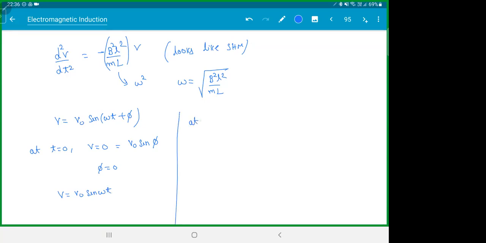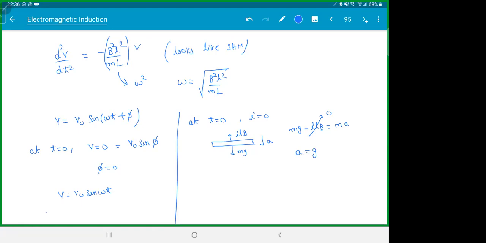Now understand the situation. At t equals 0, current was 0 in the circuit. So the rod has mg, ILB and acceleration. mg minus ILB is ma. This term was 0. So at t equals 0, acceleration was g.